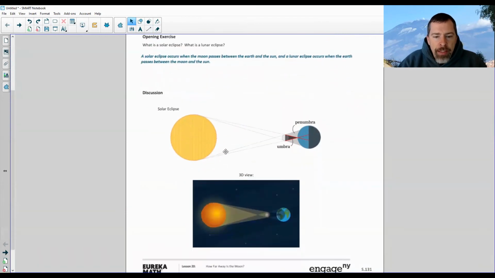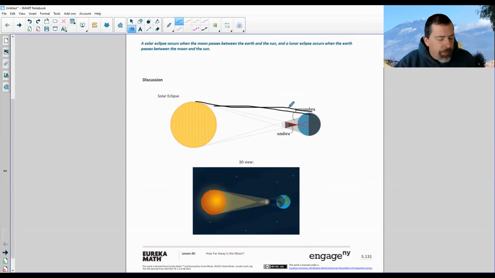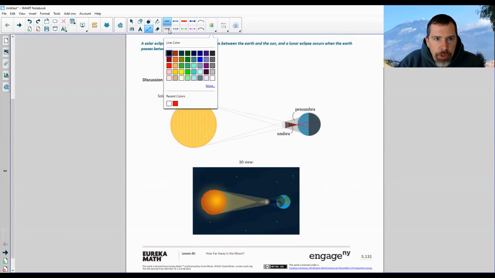So here is a diagram of a solar eclipse. Here's the sun. Picture the sun's rays coming down, and they're going to also be here and here. Let's make them straight. I suppose we should use a ray since it is a ray of sunshine.